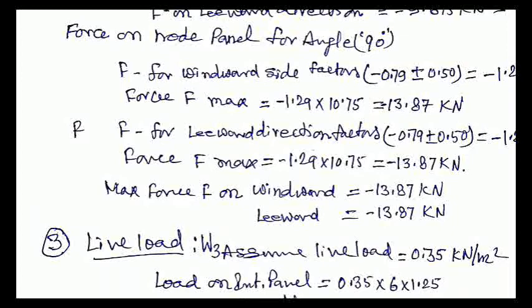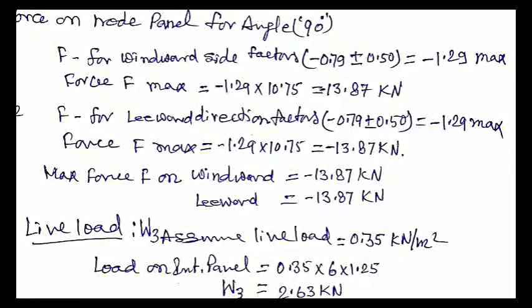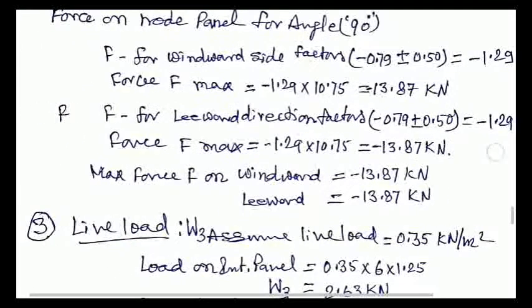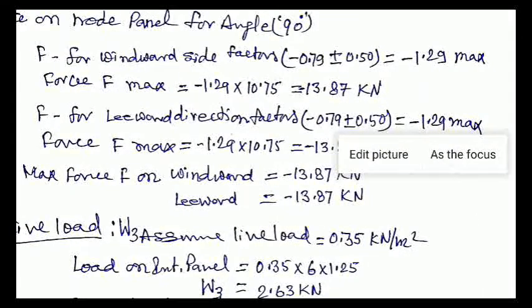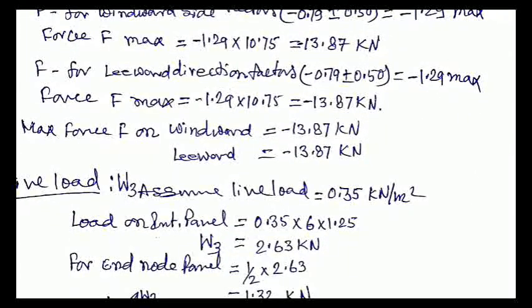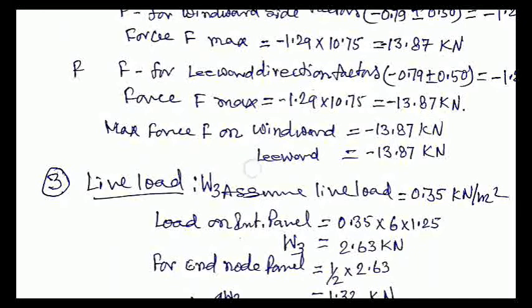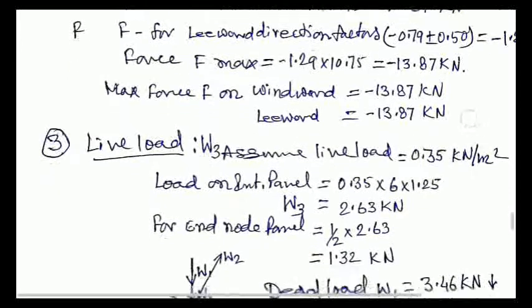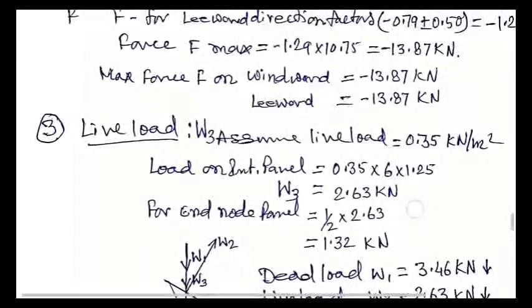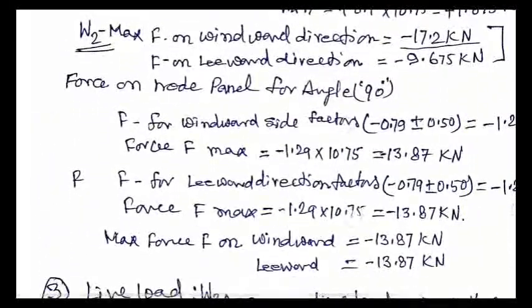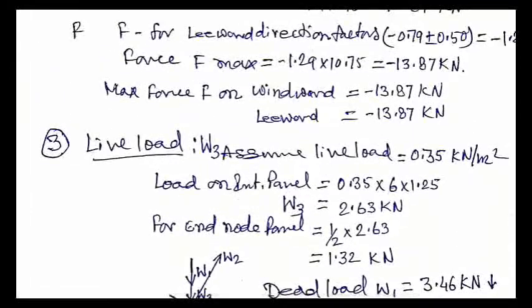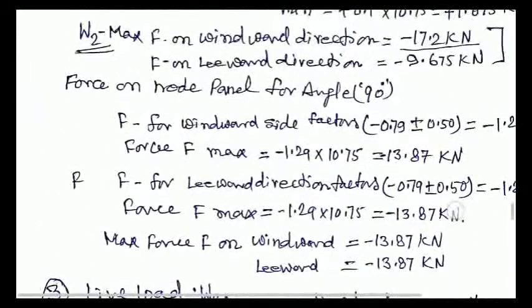Now F for the leeward direction: the factors are 0.79 plus minus 0.50. So it comes out to be 1.29 maximum, as we have seen earlier. So the maximum force will be the same, minus 13.87 kilonewton. So we will take the maximum force as minus 13.87 on the windward direction and minus 13.87 kilonewton on the leeward direction. So this will be W2. W2 will be minus 13.87 kilonewton.